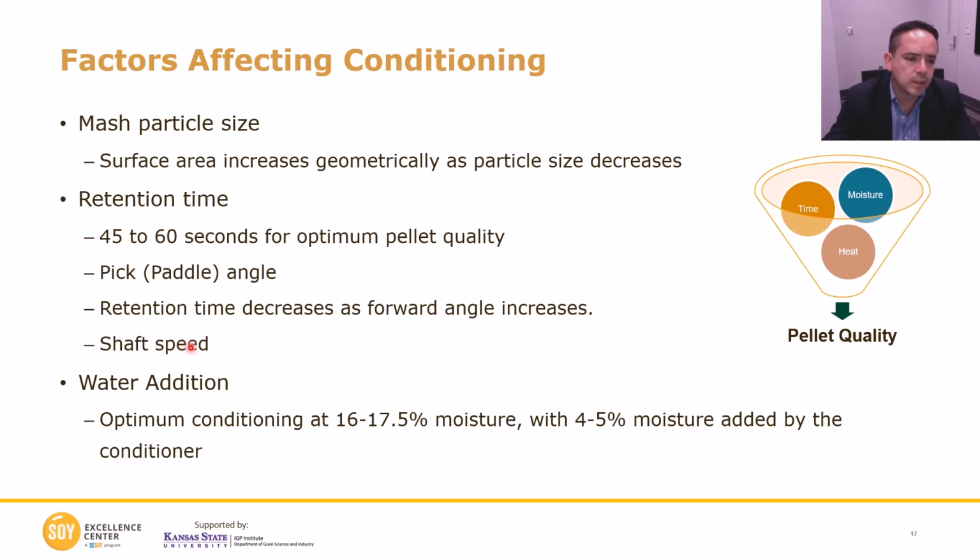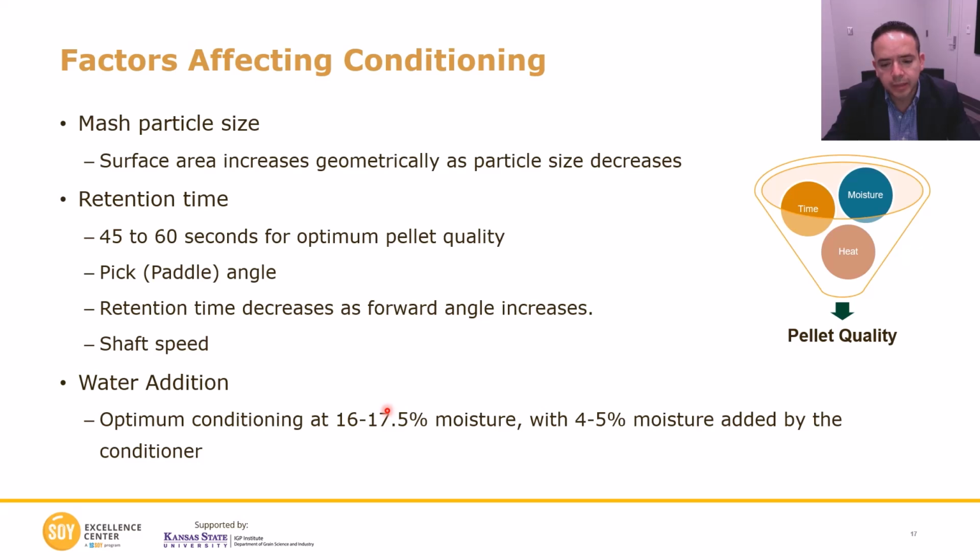Also, there are some conditioners that come with VFDs, and then you can change the shaft speed, and in that way you can control the filling of the conditioner. Also, the water addition can affect conditioning. The optimum conditioning target is going to be between 12 and 12.5% moisture, but this is going to depend on the thickness of the pellet die.